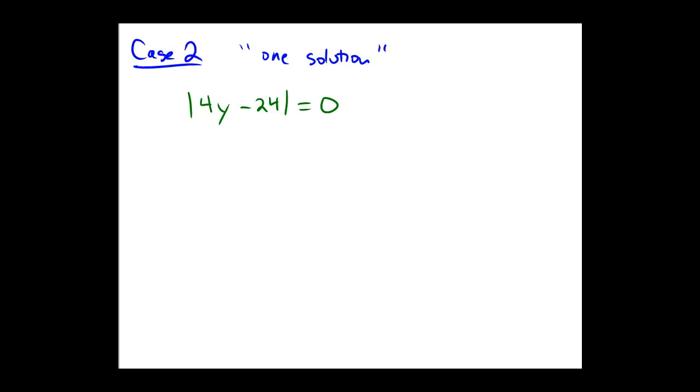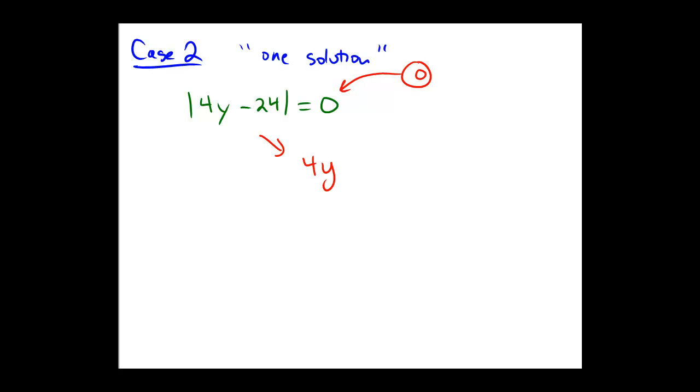So the other one was a positive number. This one is when you get a 0. If you're trying to set it equal to 0, there will only be one solution. You could still split it into a positive and negative equation if you wish, but since the negative of 0 is 0, we really only need to look at one of them.